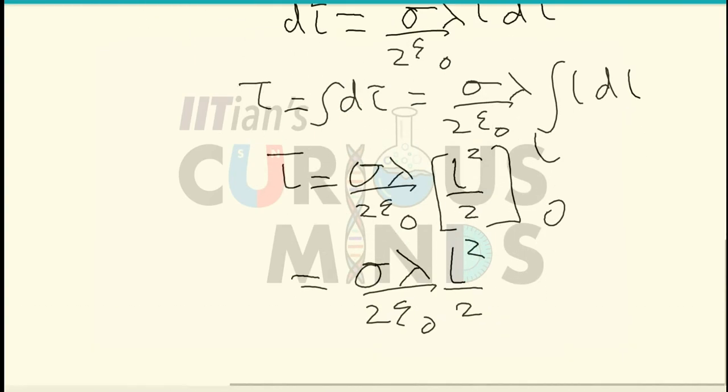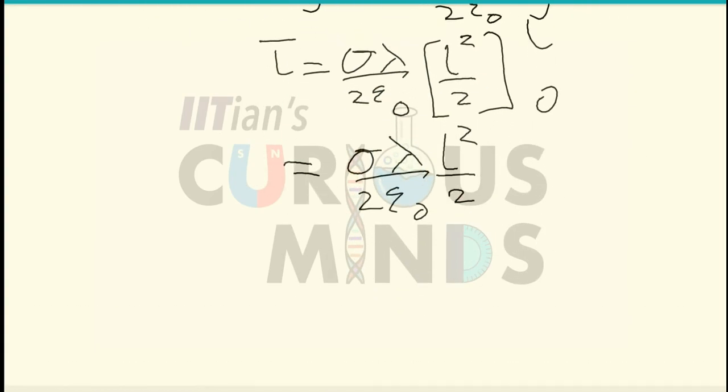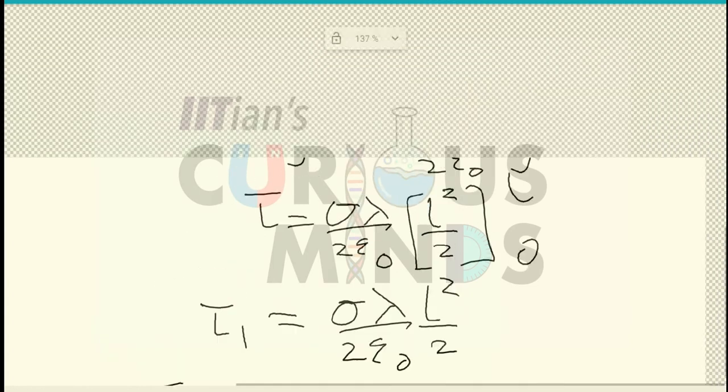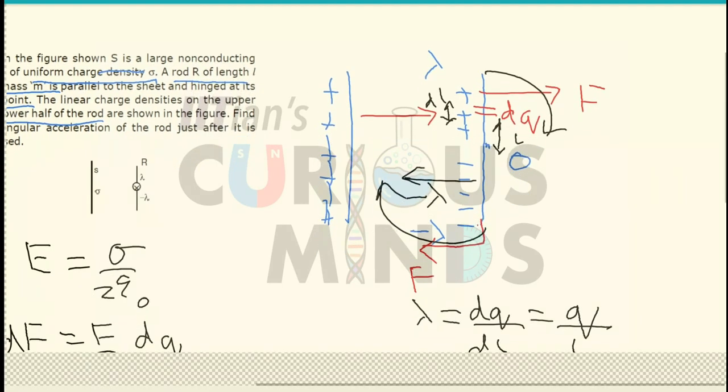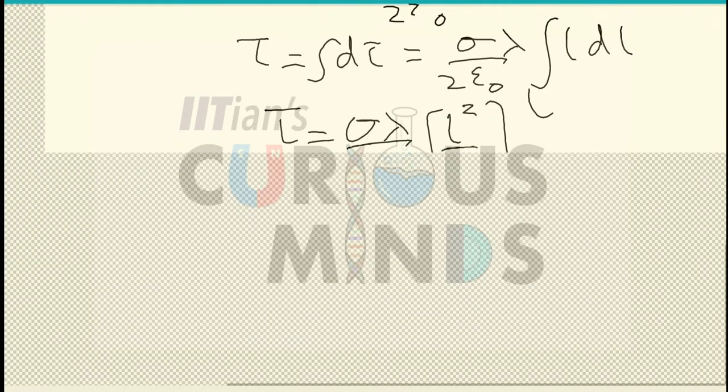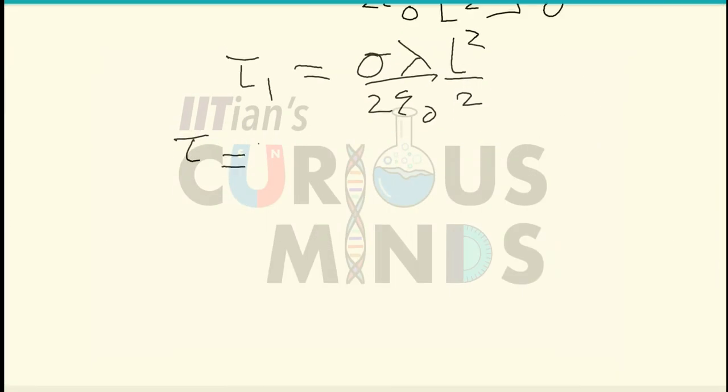Due to the positive charges, the rod tends to rotate in the clockwise direction, and the negative charges experience a force in the opposite direction, which also rotates the rod in the clockwise direction. So the total torque will be twice this value, which is sigma lambda divided by 2 epsilon naught into L square by 4.